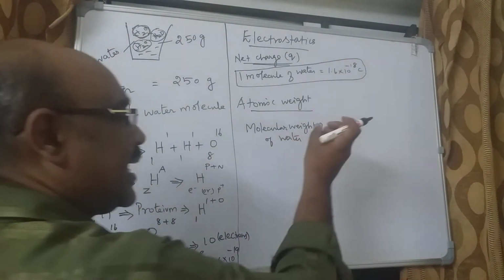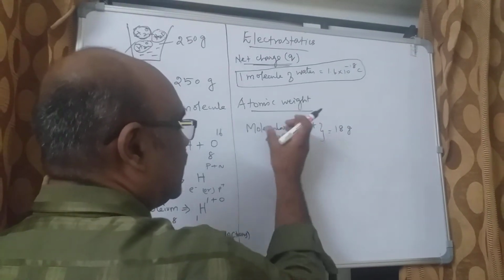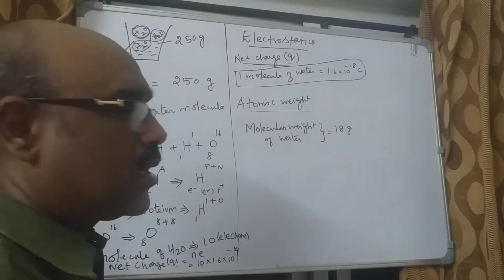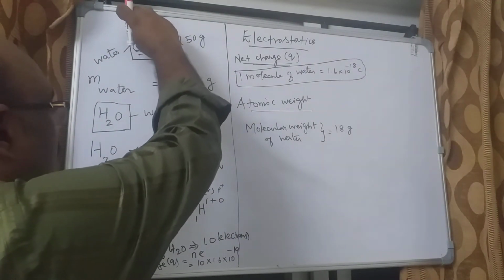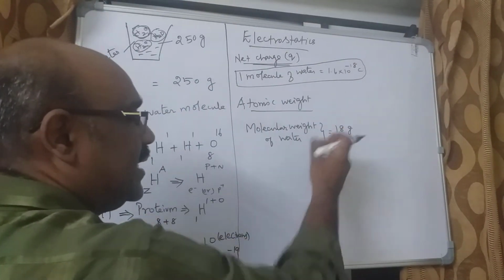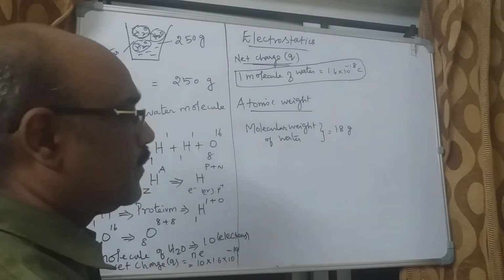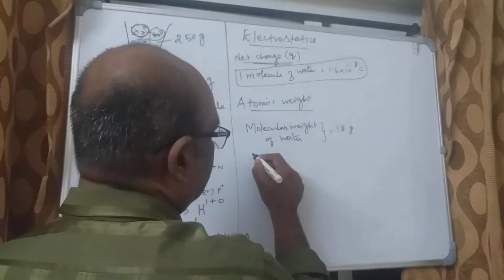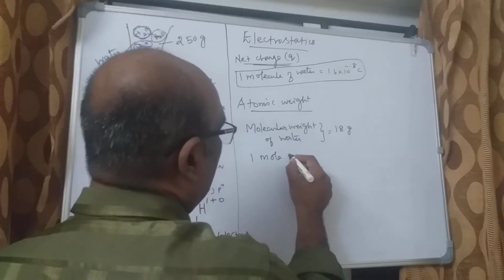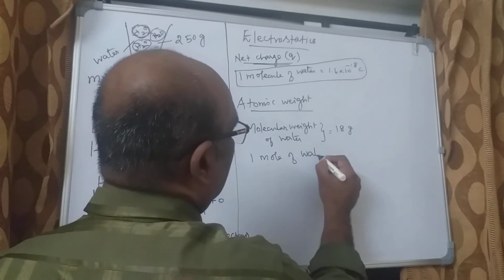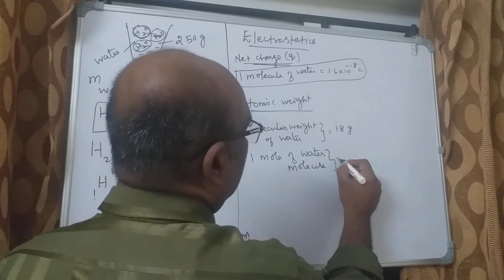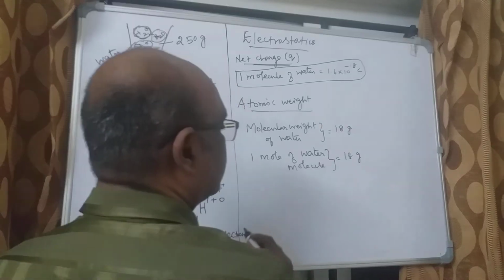So, the molecular weight of water is 18 gram, and this is what is 1 mole of a substance. 1 mole of water is equal to 18 gram.